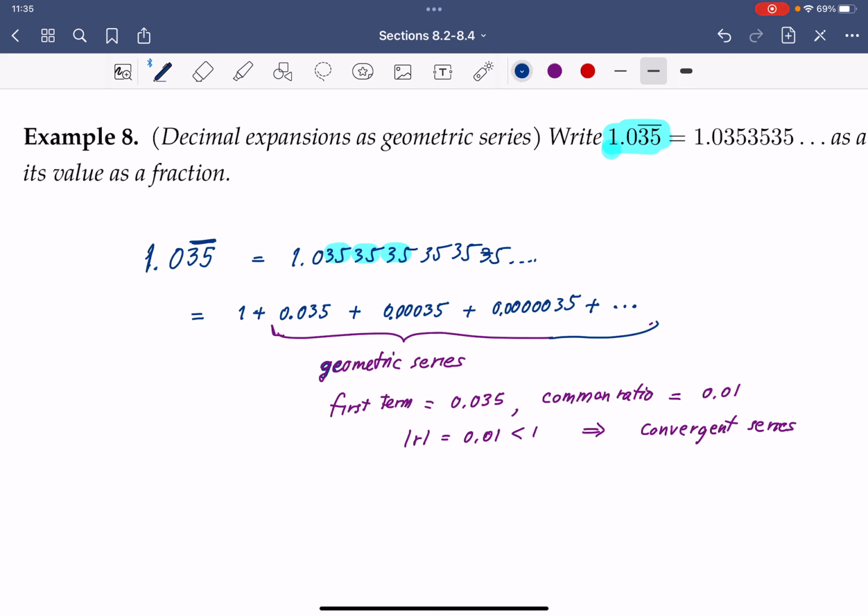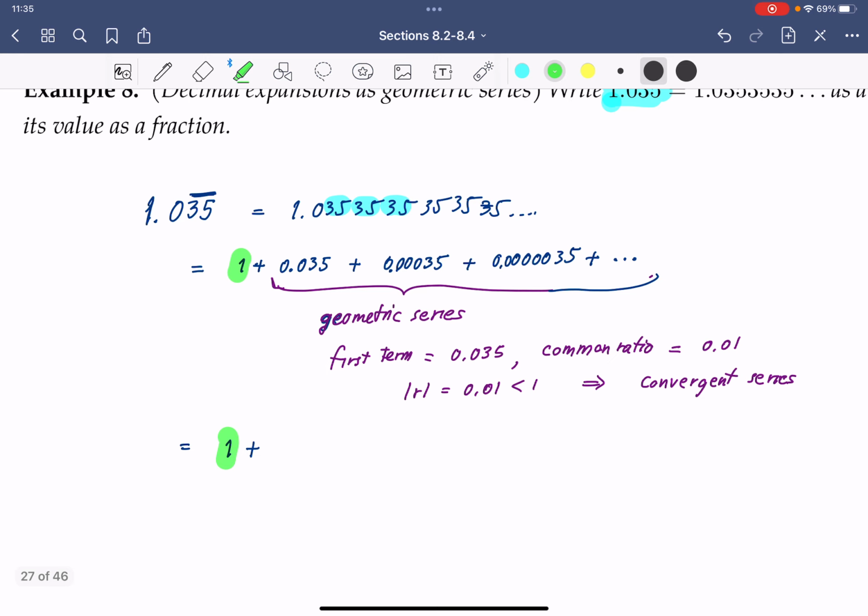So the answer is gonna be 1 plus, where 1 comes from the first one. I didn't change anything here, so I just keep 1 separate. And then the geometric series here is the first term, which is 0.035, over 1 minus 0.01, right, because the common ratio is 0.01 and the first term is 0.035.